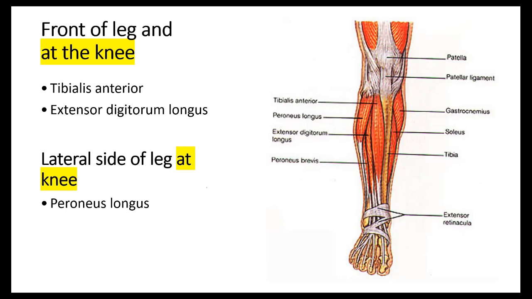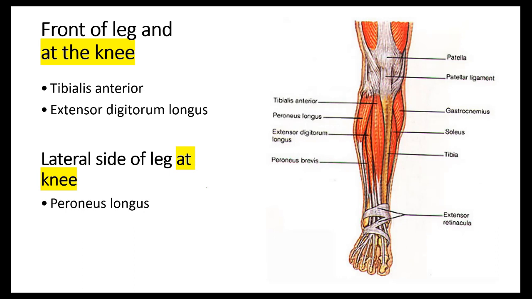On the lateral aspect is the peroneus longus, whose proximal attachment is to the head of the fibula and the upper part of the shaft of the fibula, and distally, the tendon takes a long route to cross from the lateral to the medial aspect of the plantar aspect of the foot, getting attached to the lateral aspect of the medial cuneiform bone and lateral aspect of the base of the first metatarsal.